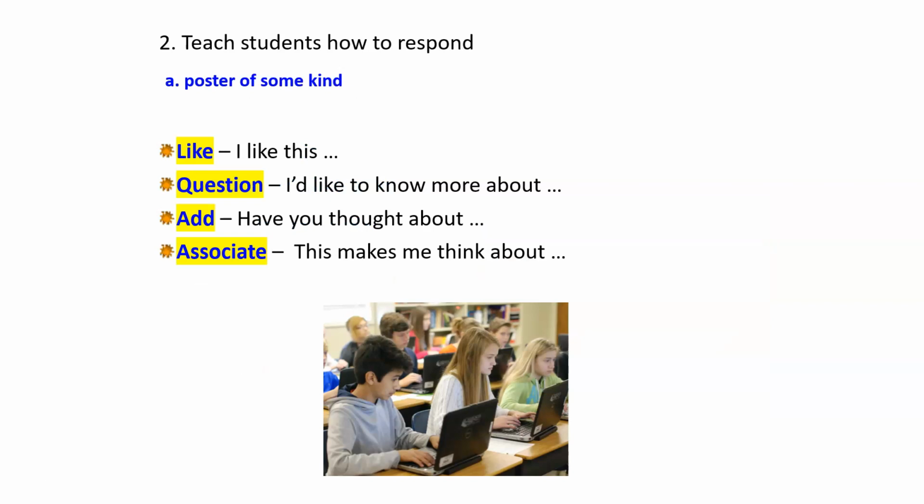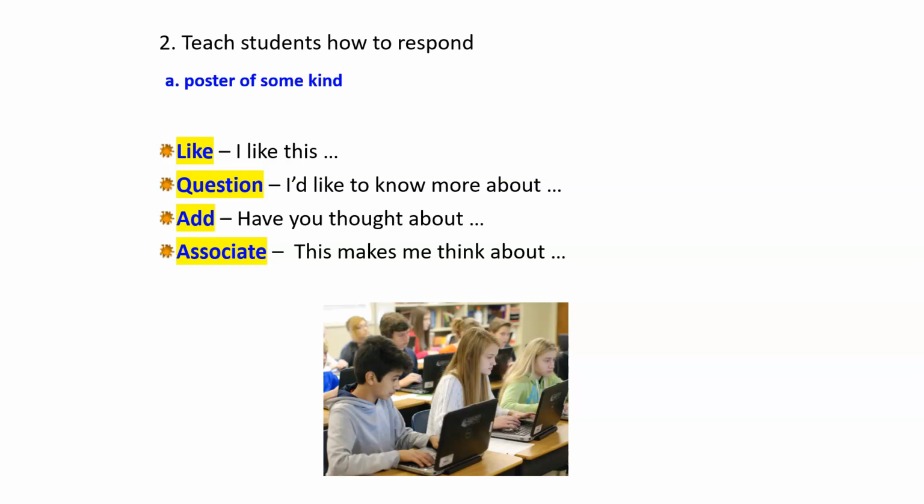However, you can't expect students to know how to respond, so you have to give them some sort of structure. And I like having a poster up in a classroom that gives them options, especially younger students. Boys and girls, as you respond, as you talk about or write on the paper, here are 4 things that you can do. I like this part. I want to know more about this part.